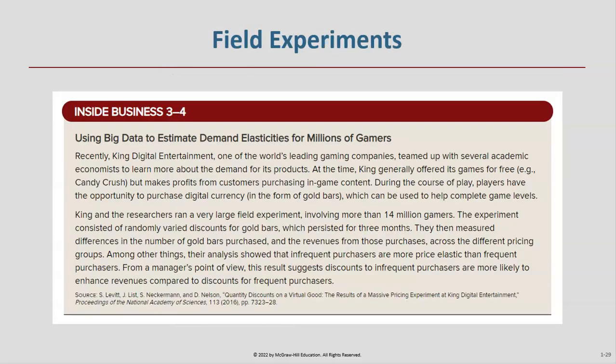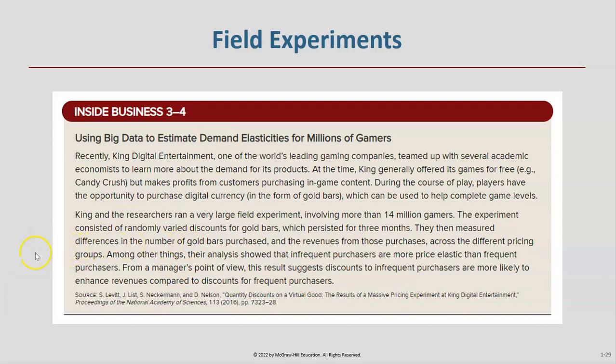Inside Business box 3-4 describes a big field experiment conducted with video games, where the video game is provided for free, and then players can buy items along the way. In this case, with Candy Crush, they're buying gold bars.